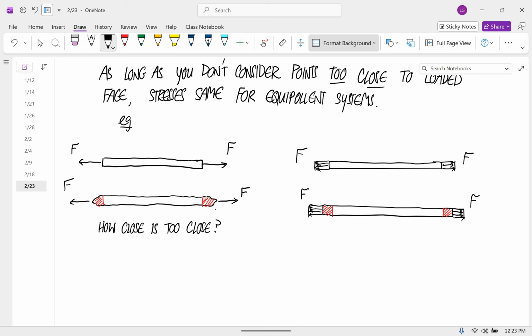So how far away from the loading face do you have to get before you trust the values from your calculation? And a good rule of thumb is about the longest dimension of the loaded face.